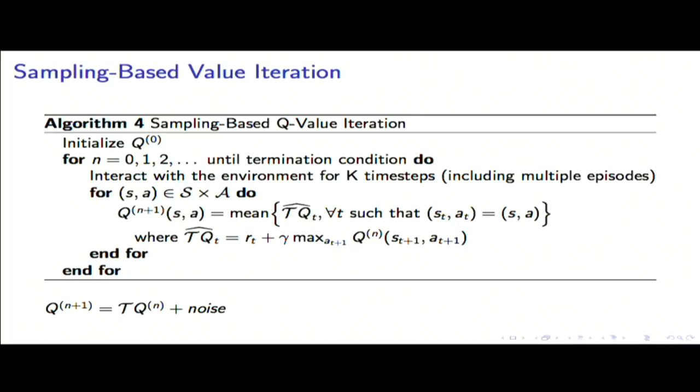Here, the backed up Q value is just defined as reward plus next Q, where we took a max over the next action. Note that this doesn't depend on what action you actually took at time step a sub t plus 1. So it doesn't actually matter. The backed up Q values that we're going to get don't depend on what policy we use to interact with the environment.